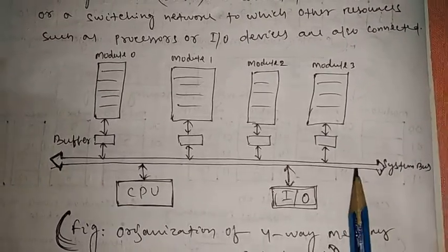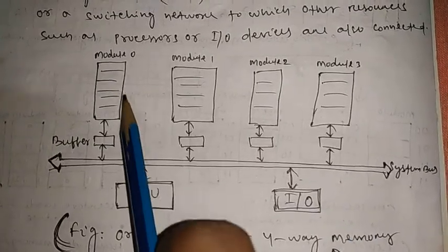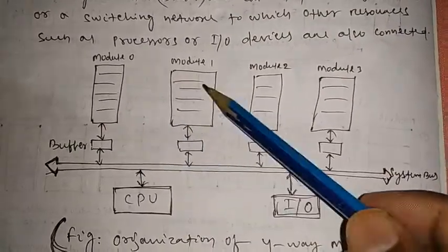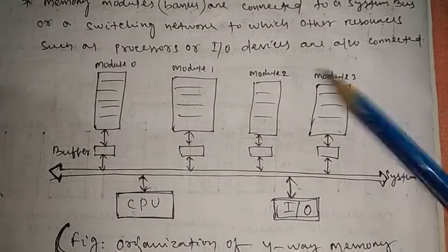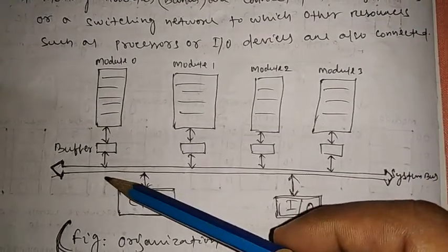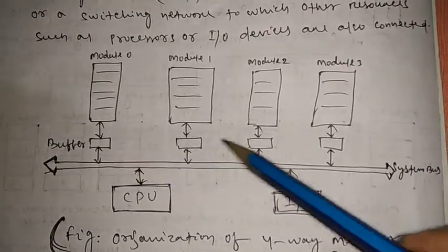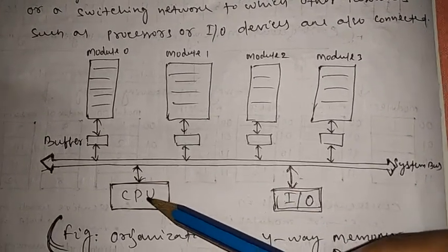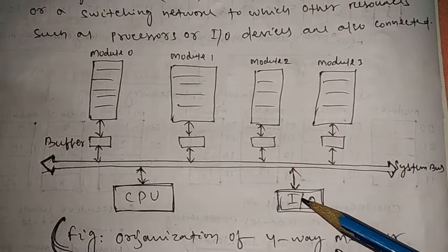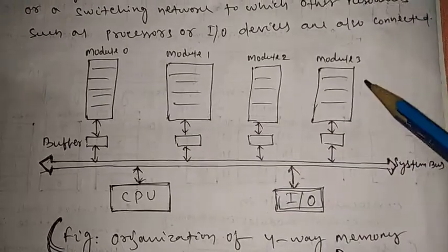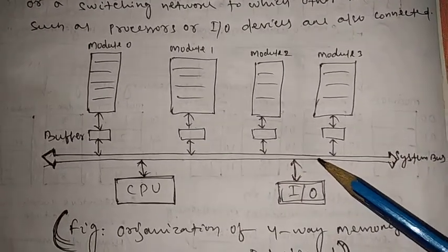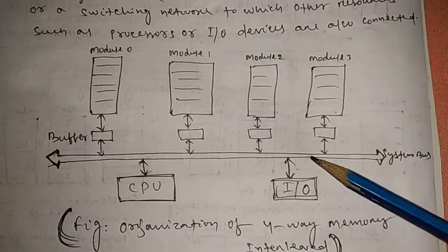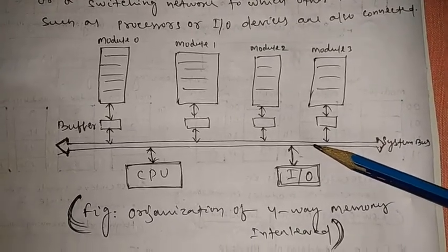So this is a system bus, and these are module 1, module 2, module 3, module 4. These modules are connected to the system bus with the help of buffers, and the CPU is connected to the system bus. In this manner, the CPU and IO devices also access the memory modules with the help of the system bus.